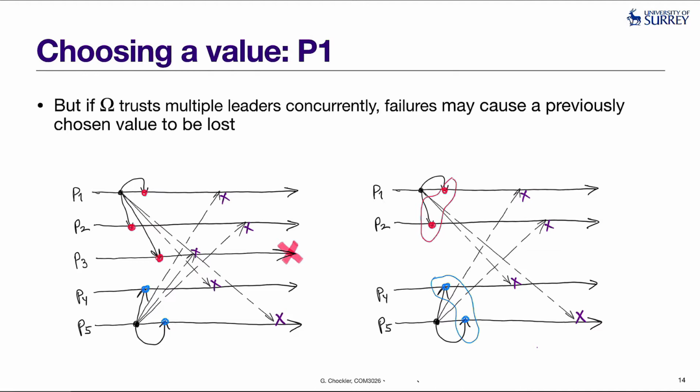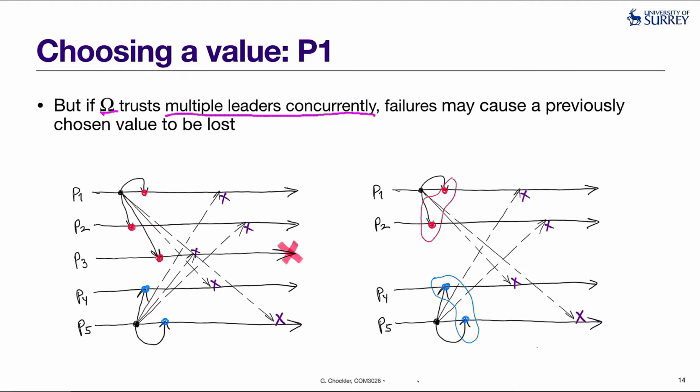In this scenario, the eventual leader component omega trusts multiple leaders concurrently. Okay, and we know that that could happen initially, right? So initially, omega is allowed to make mistakes about the leader identity.